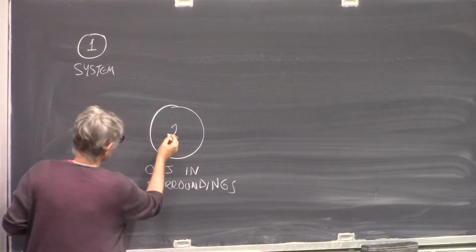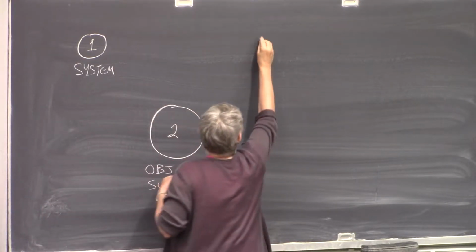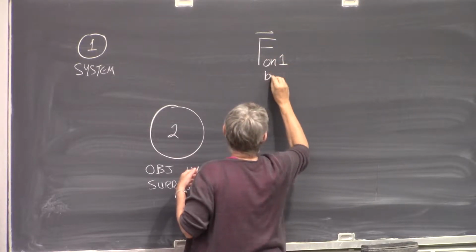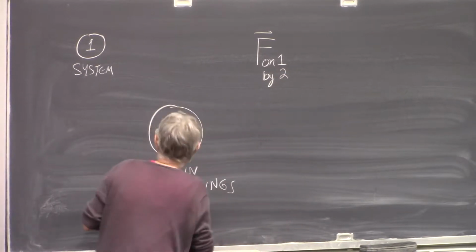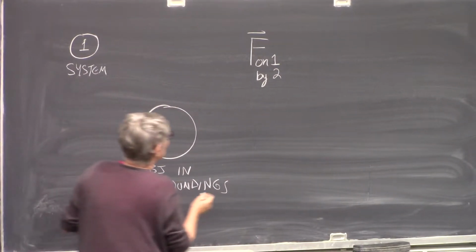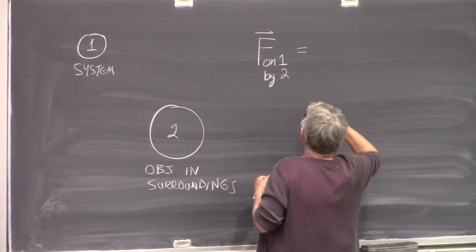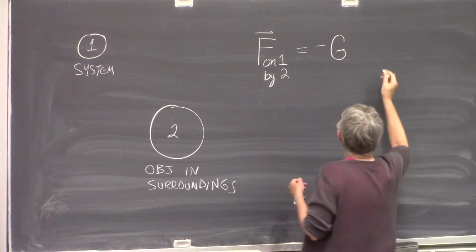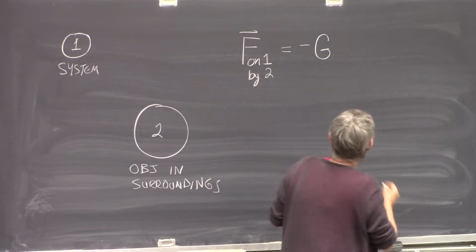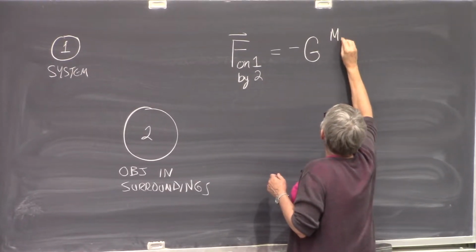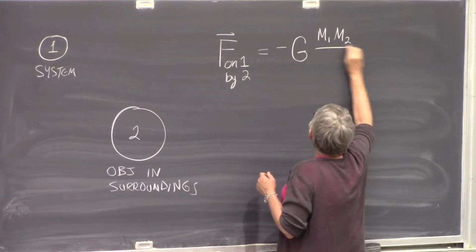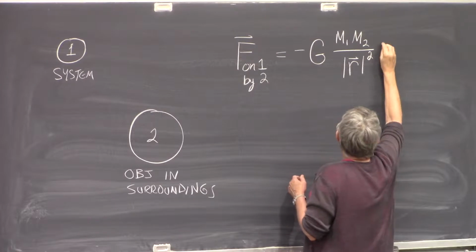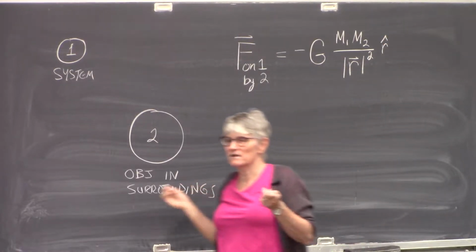Then the gravitational force on 1 by 2 was equal to a minus, there's a constant, big G, whose value we'll tell you in just a minute, times the mass of object 1, mass of object 2, over the magnitude of r squared, r hat, where what is r?